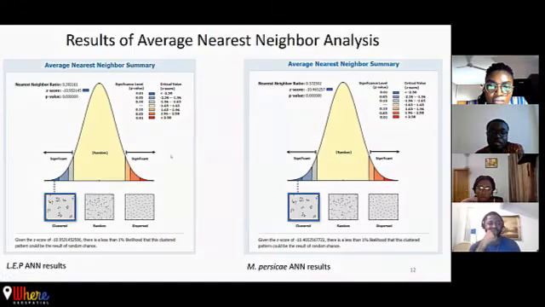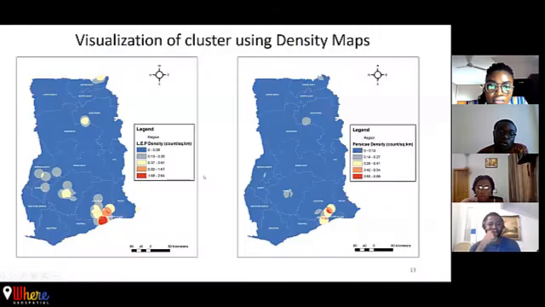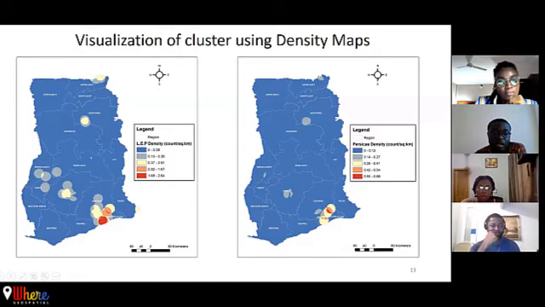Now on this map, I looked at the density of these insects for LEP and M. persicae. On the left-hand side, the map shows some red, yellow and blue locations. Density is basically the count over the area, and here I'm looking at square kilometer area.